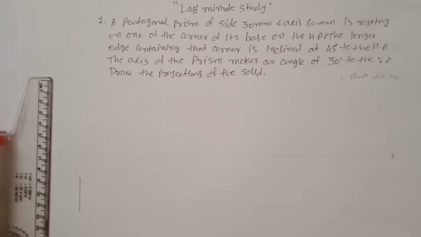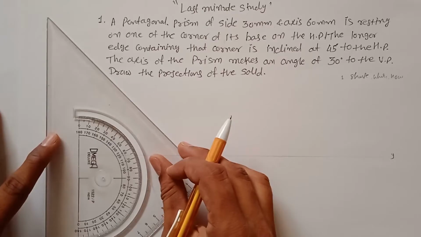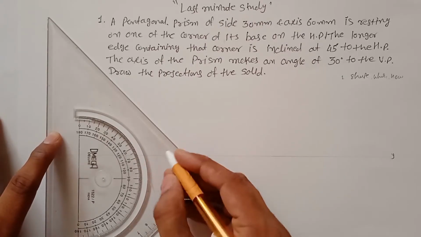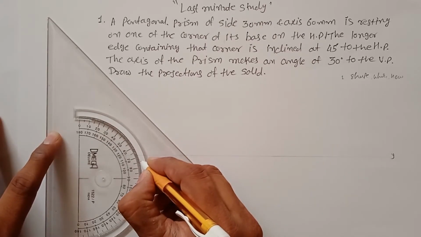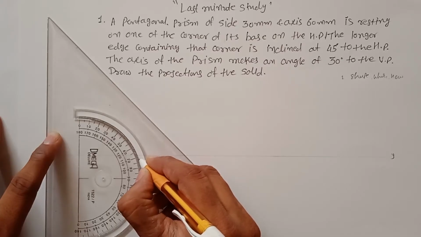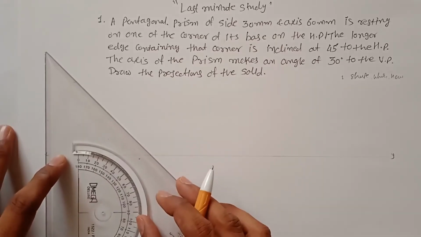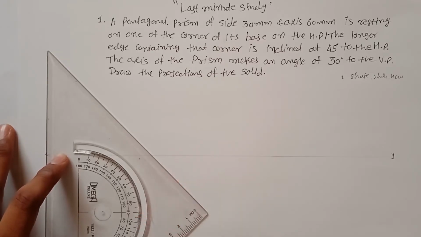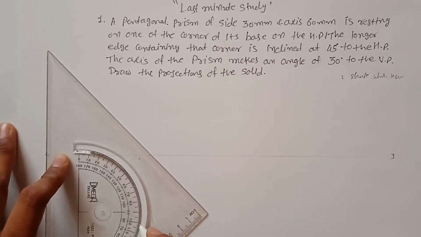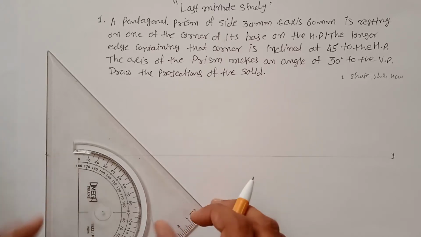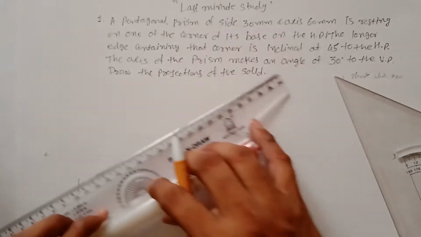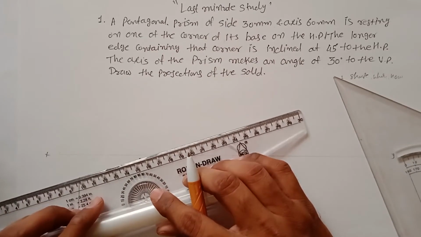Then measure 108 degrees from both the ends to complete the pentagon. Draw 30 degrees from these two points.